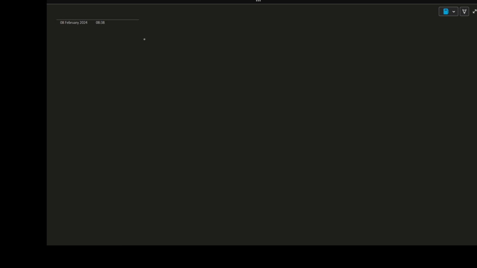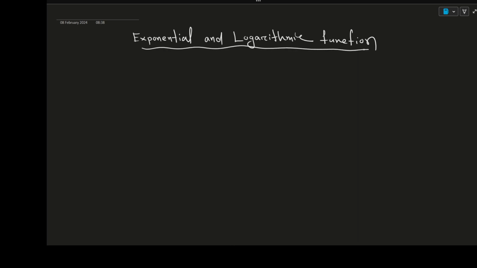So today we'll see how to evaluate the limit of exponential and logarithmic function. So today we'll see how we can evaluate the limit of a function involving exponential and logarithmic function.